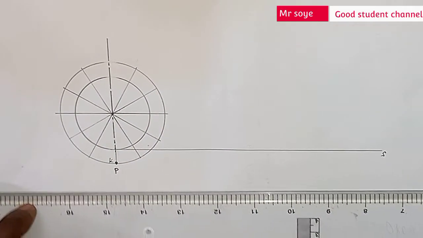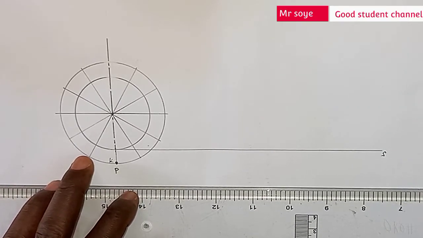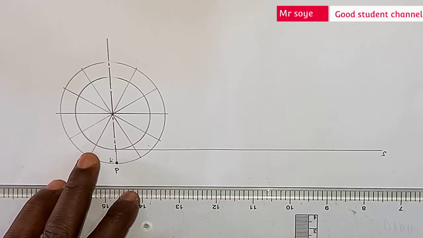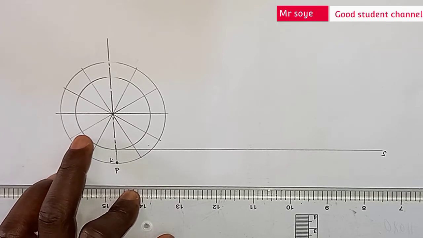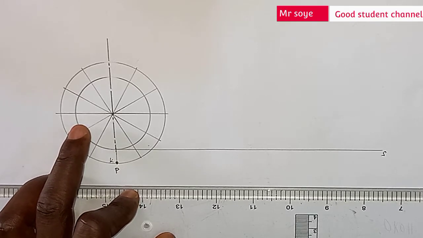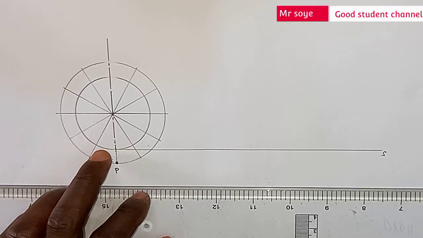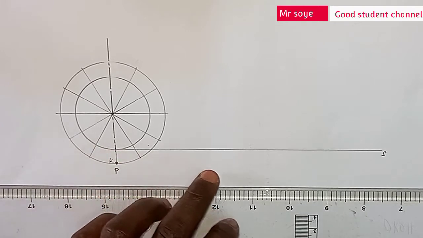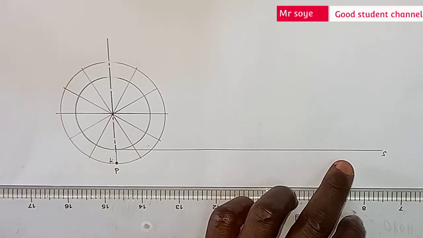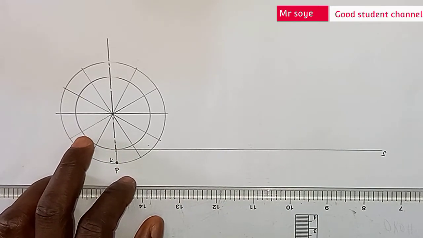Now the next thing to do, having divided the concentric circle into 12 equal parts, is to take the dimension from one point to the other, and lay out the circumference of the rolling cycle on the baseline KS.